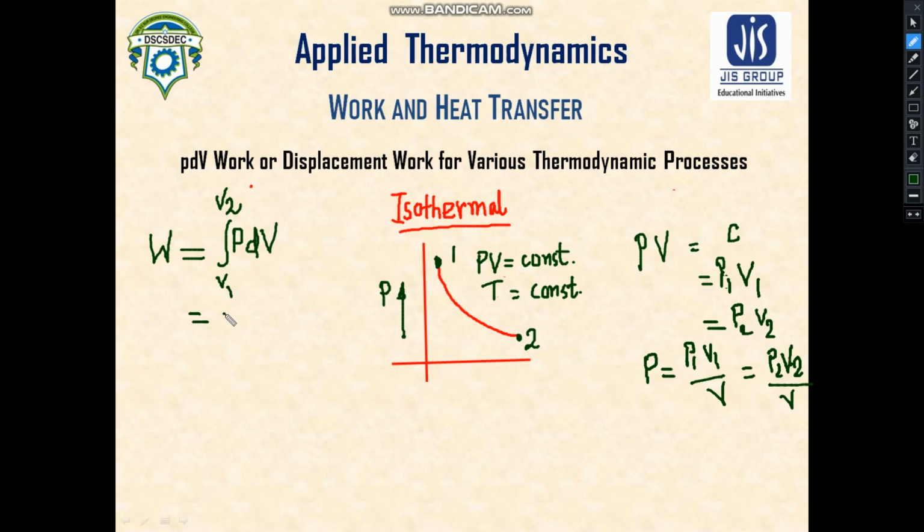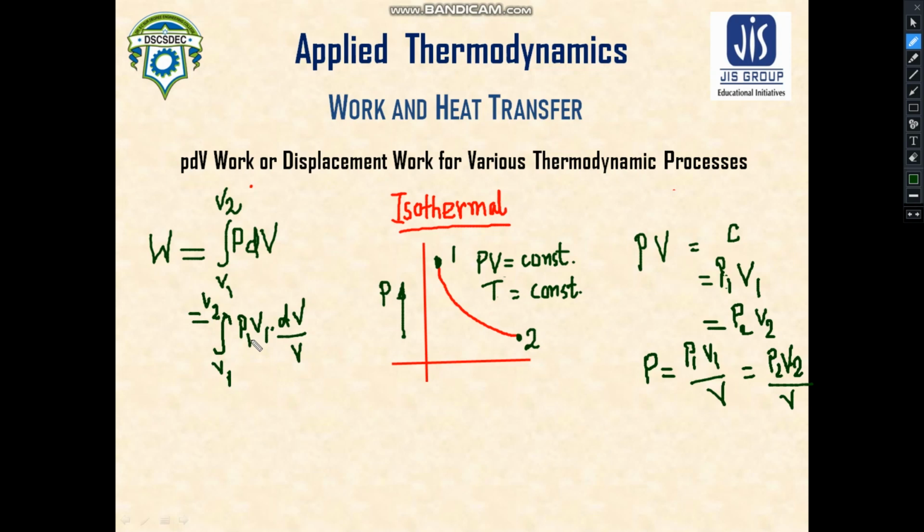We will be replacing the value of P which we had obtained, and then we shall go on integrating it. So it will be P1 V1 into dV by V.